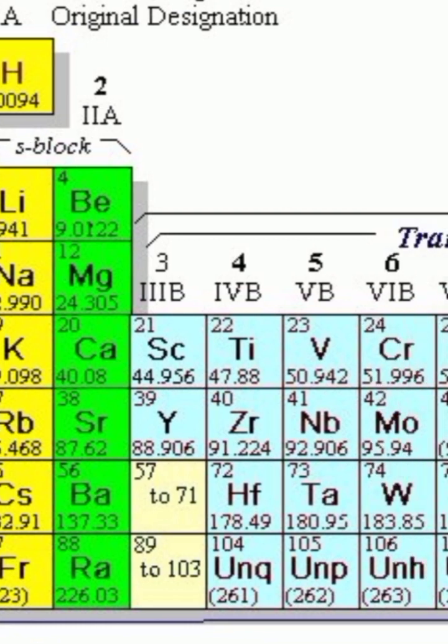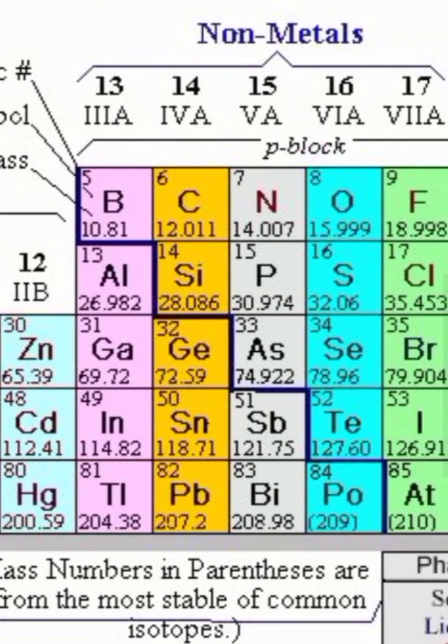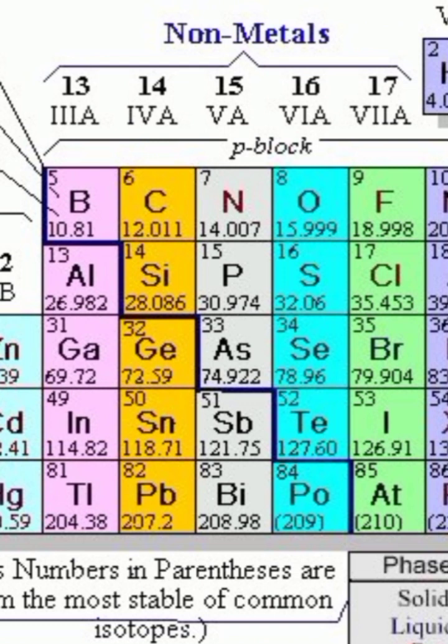This group 2, this one that is green, they are called the alkaline earth metals. Then group 14, which is group 4, this carbon group, they are called tetrels.